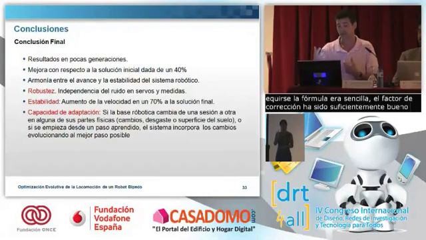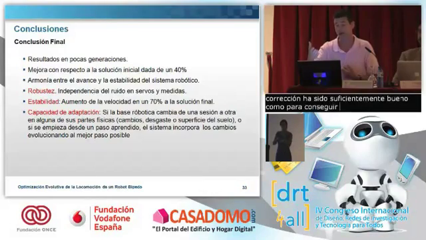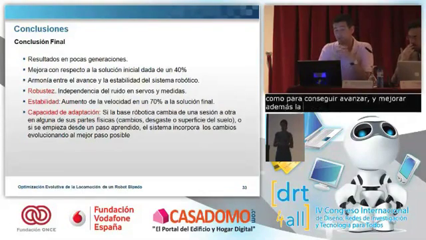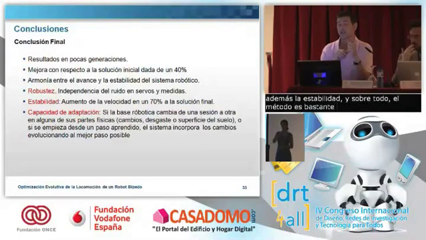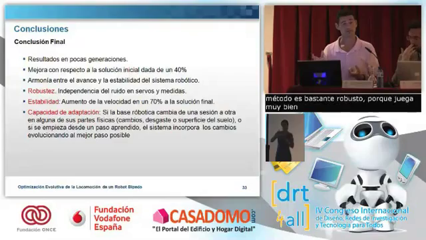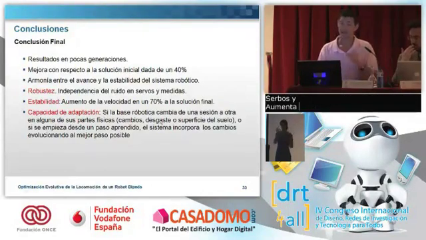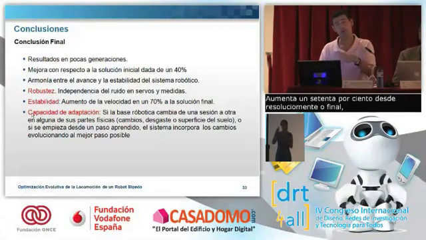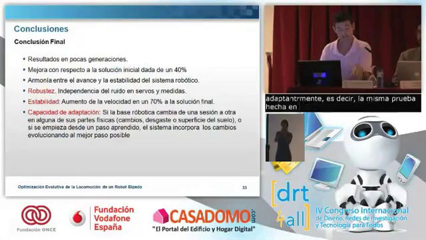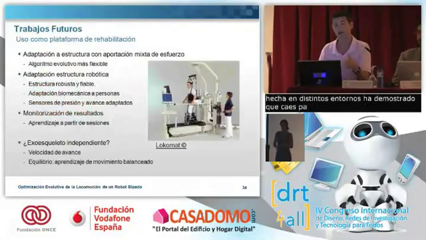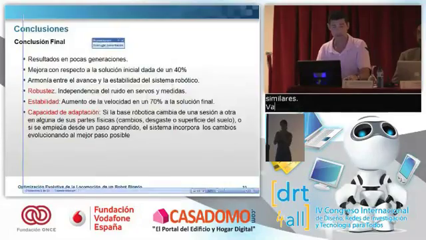It was good enough so that the robot was able to go forward, maintaining stability, and it's also quite solid because it is very independent from noise in servos and measurements. It increases the speed by 70% from the beginning to the final solution, and we've done the test in different environments and obtained similar results.